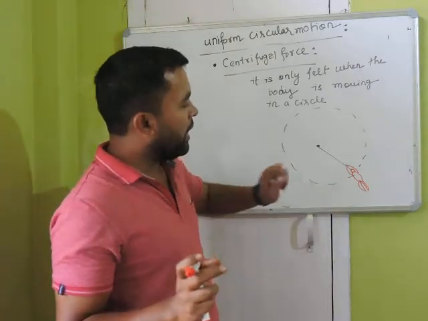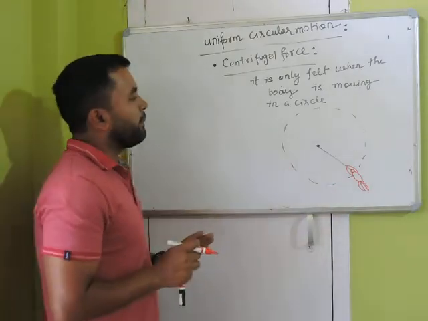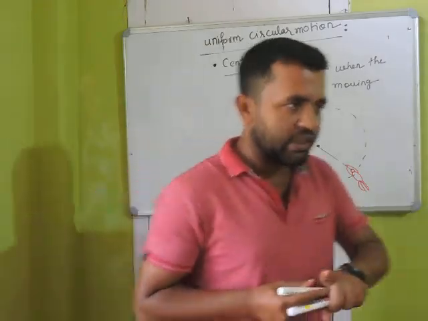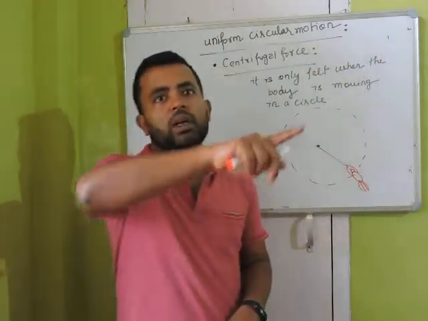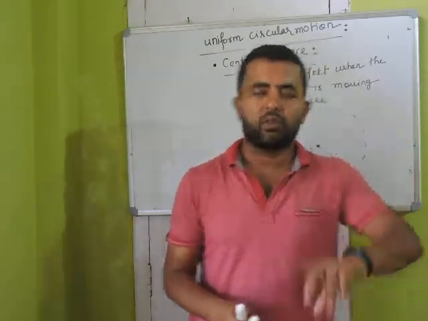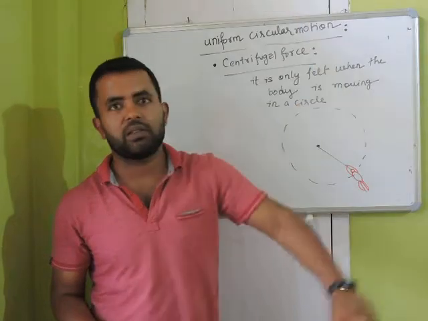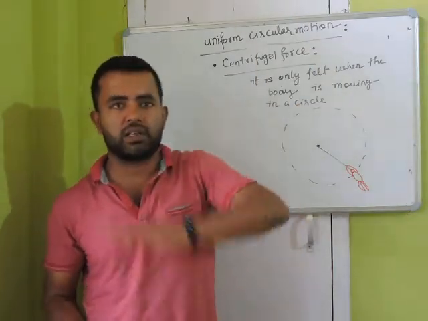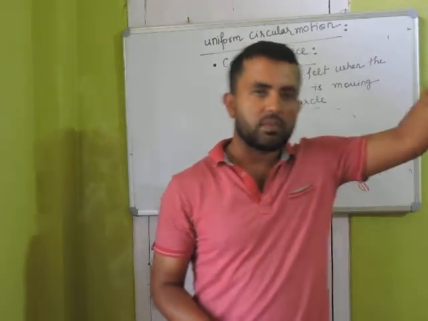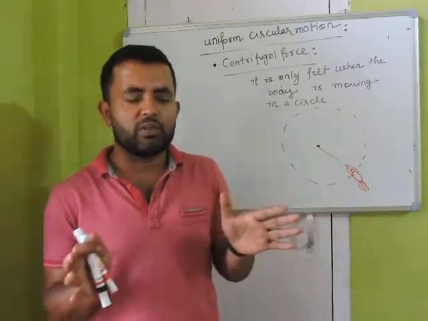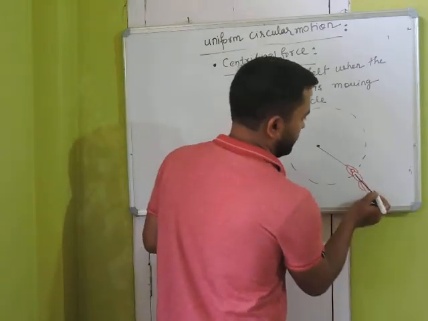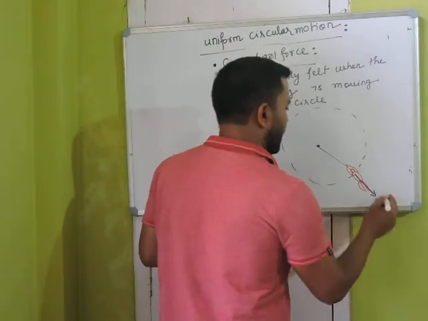Okay, just imagine, you are going in some wheel or a ride where the track goes in a circle. As you take the turn, you will find that there will be a force which acts outside, away from the center.